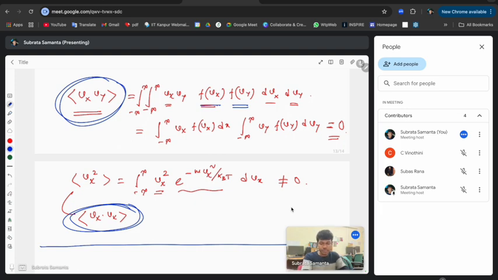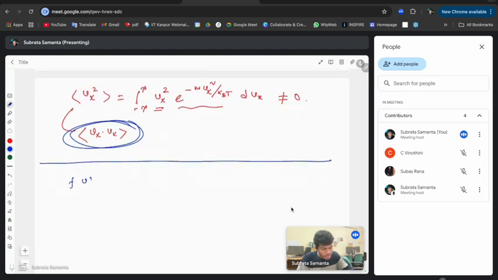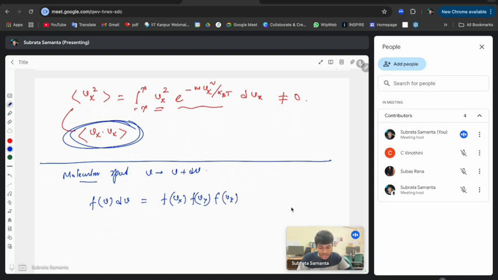So for the molecular speed distribution f of V, the speed from V to V plus dV, not a velocity, f of V dV is basically f of Vx, f of Vy, f of Vz, times dVx, dVy, dVz.